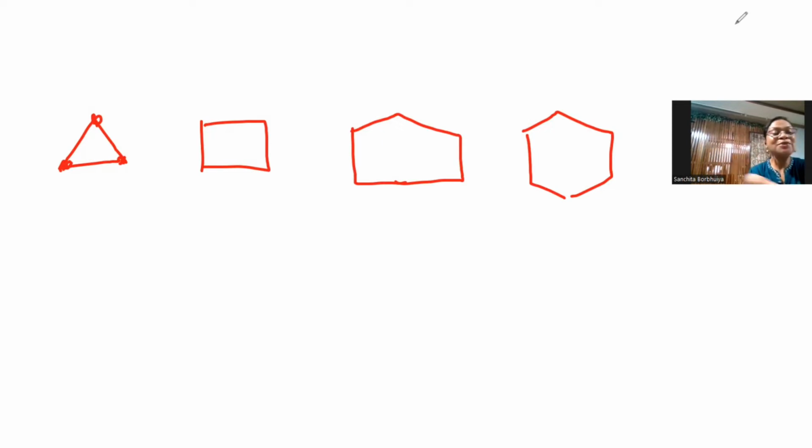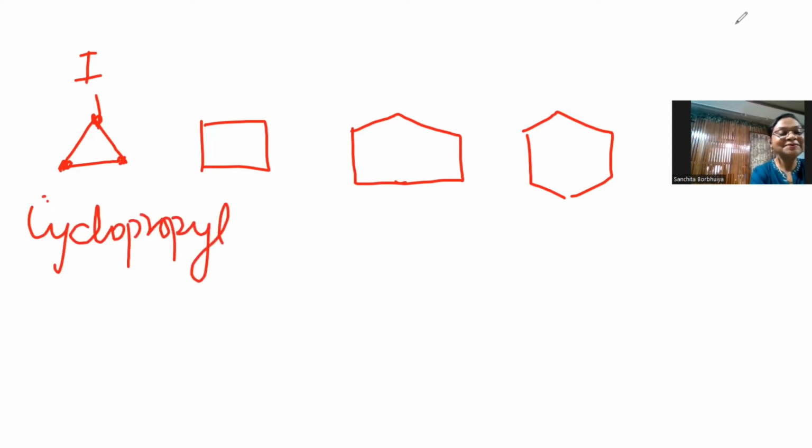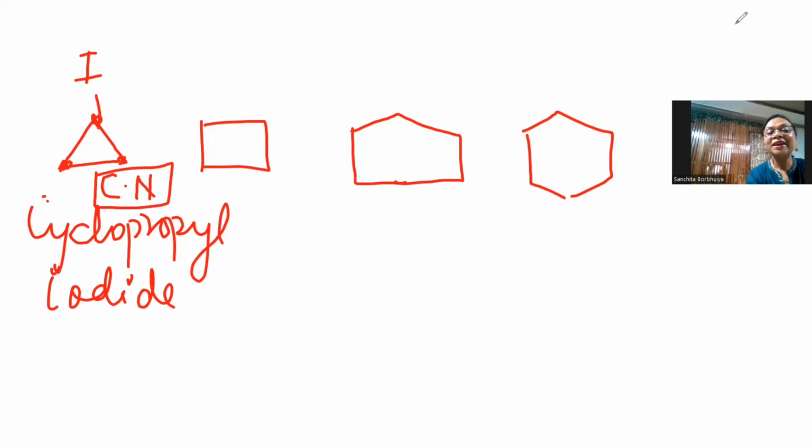So we have to replace a hydrogen of the triangle, the cyclopropane, with an iodine. So this is called cyclopropyl iodide. That's, of course, the common name. And the IUPAC name of this compound is iodocyclopropane.